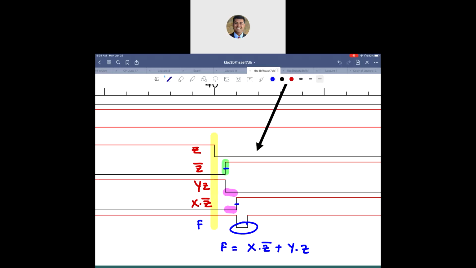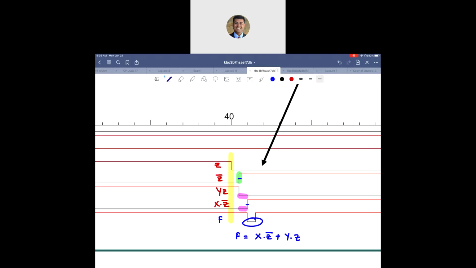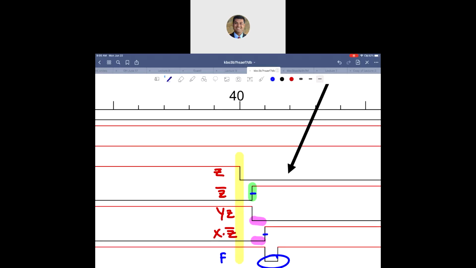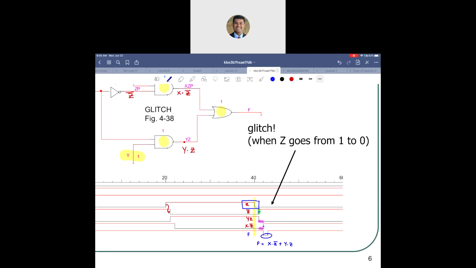So what does that tell you? This is essentially an accidental 0 that is happening because of a change in Z, and only when Z changes from 1 to 0. That is the static 1 hazard that is present in this circuit.